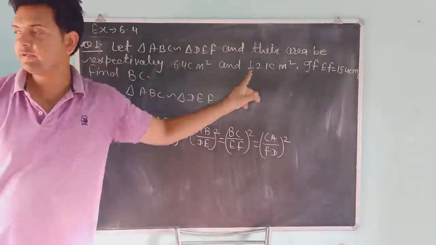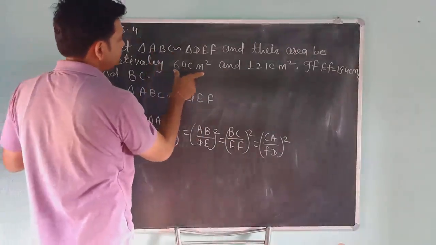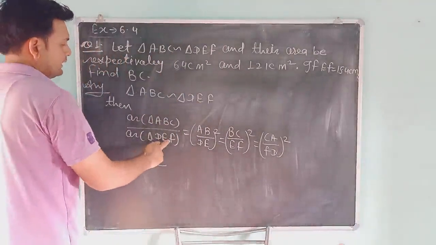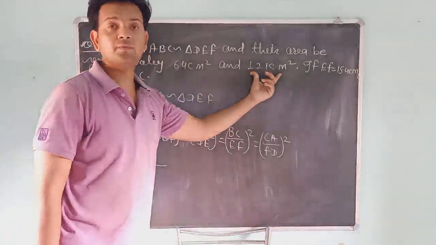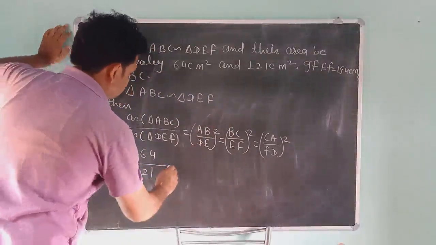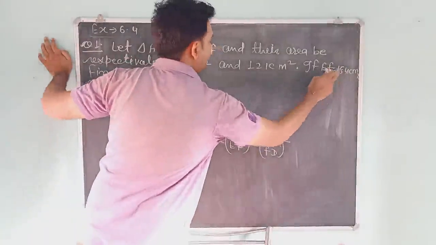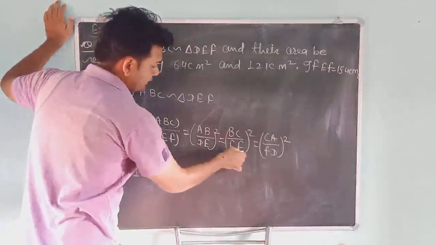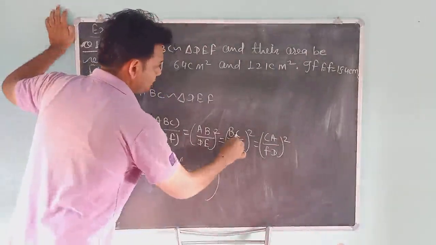So area of triangle ABC is 64, so I will write here 64, upon area of triangle DEF, which is 121, equal EF is 15.4 centimeter. Here you can see that EF is 15.4.